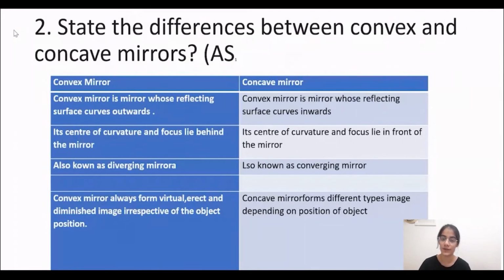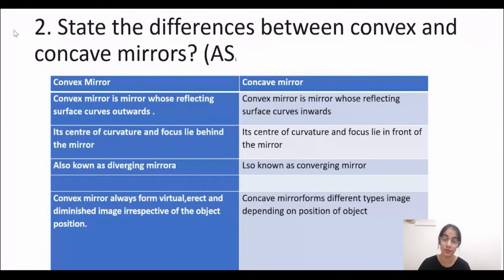Convex mirrors always form virtual, erect, and diminished images irrespective of object position. As we discussed, the two object positions for convex mirrors were at infinity and anywhere between infinity and pole, and the image positions that we got were at principal focus and between principal focus and pole, both of them being virtual, erect, and diminished. A concave mirror, on the other hand, forms different types of images.